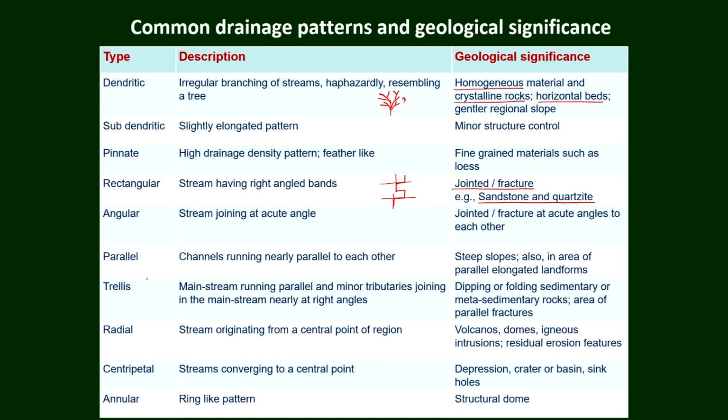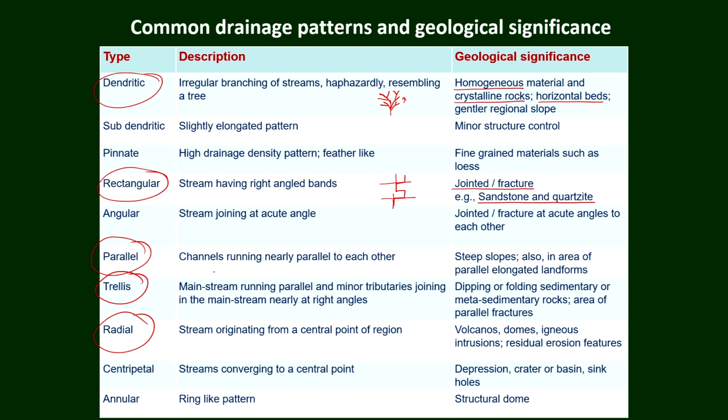Again, parallel and trellis are also important ones. The most common you will come across is the one I am putting. Then radial, and even centripetal, but mostly you will come across these types of drainages.